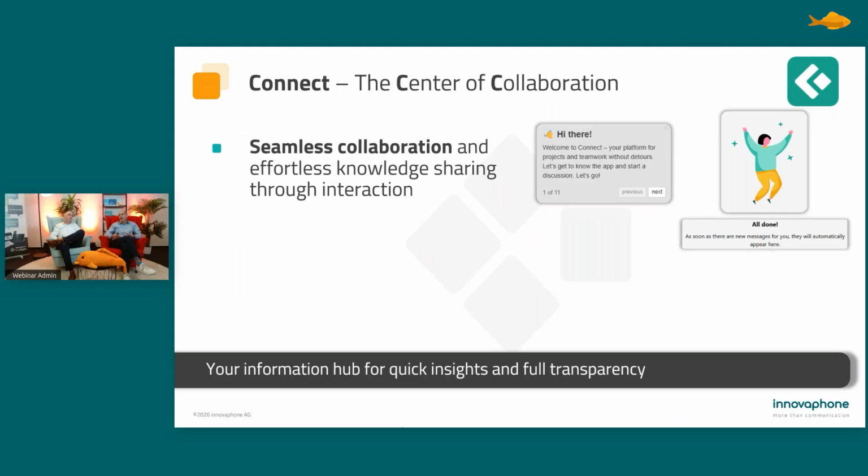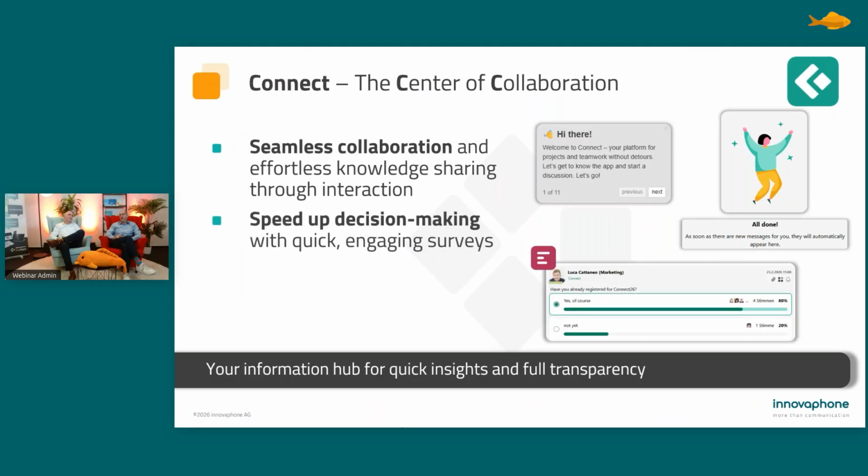And to make it more valuable, we have added some more features in the latest release. One, which I just mentioned on the slide before, is that you can now also create polls so that you can get quick decisions on simple questions. Like, where do we want to go for lunch? Where do we want to hold our next team meeting?